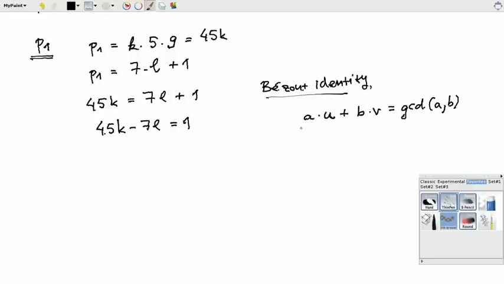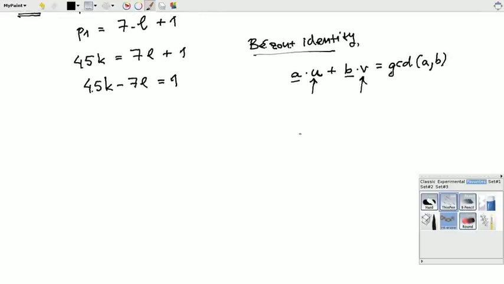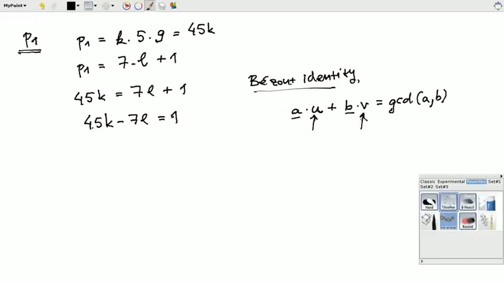The Bézout identity could be seen as something that takes a and b as inputs and gives you the u and the v, such that the greatest common divisor of a and b is equal to a times u plus b times v. The usual way of computing those is using the extended Euclidean algorithm.